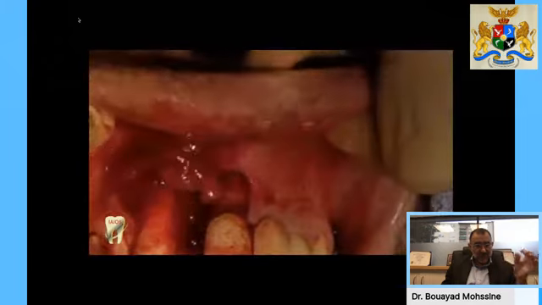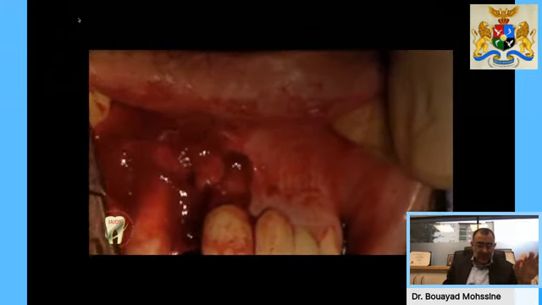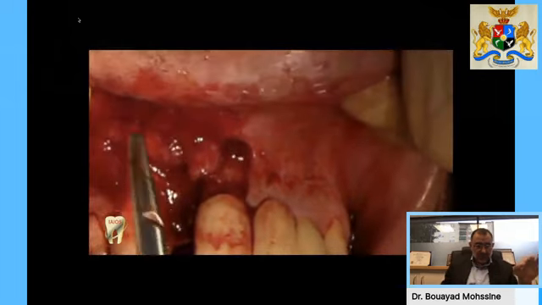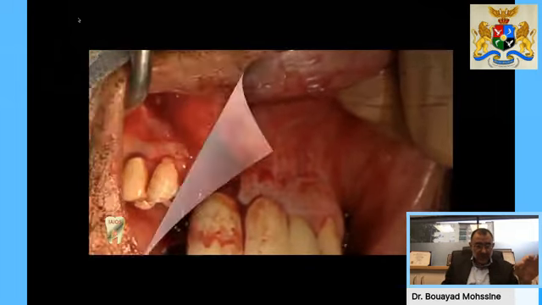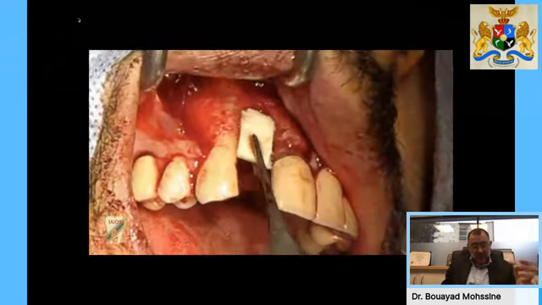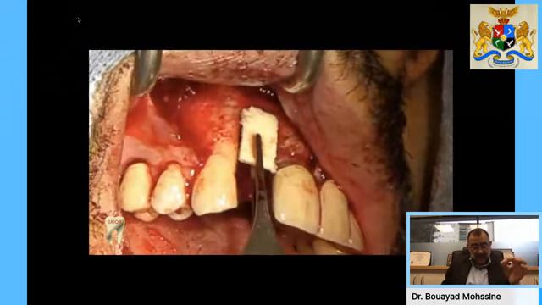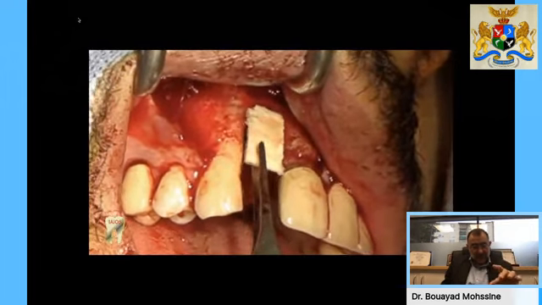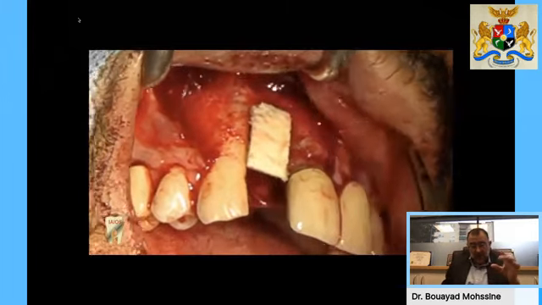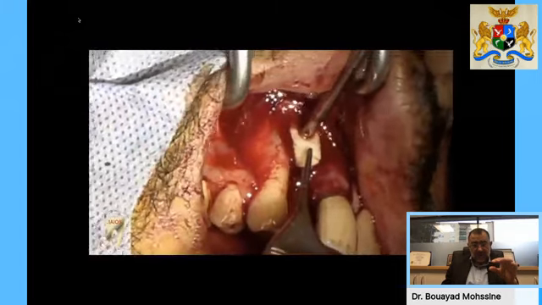As you have seen before, we have to close the gingiva in vestibular position because the tooth was broken, and we have to close the gingiva before placing the bone graft. We placed here a bone block, an allogenic bone graft, to create a good volume.